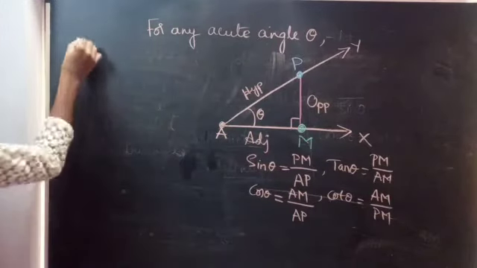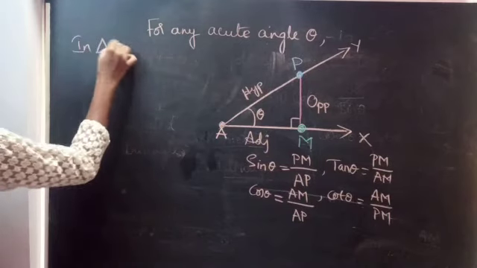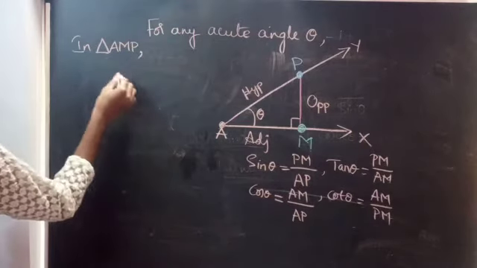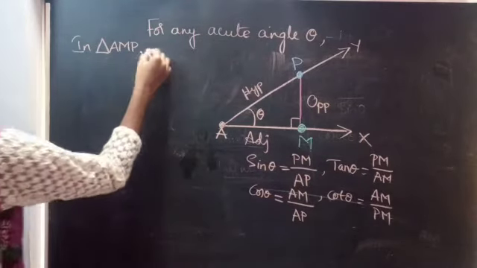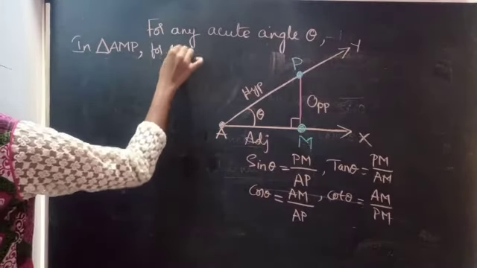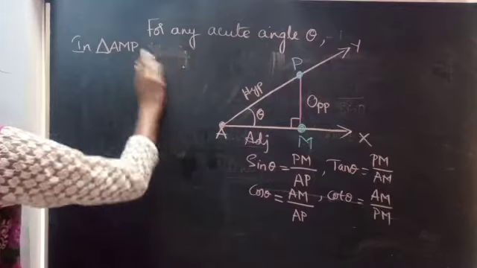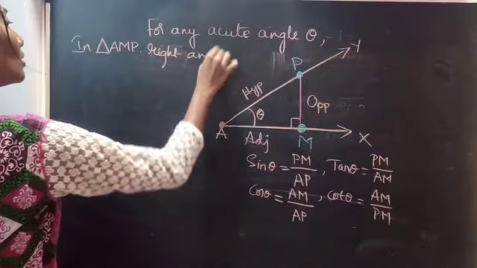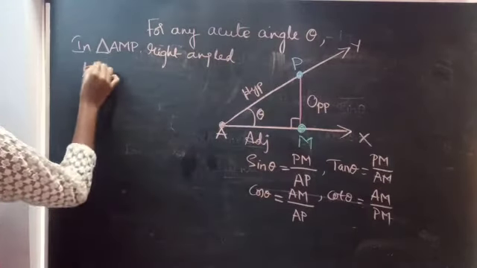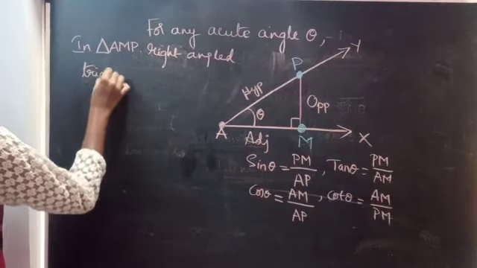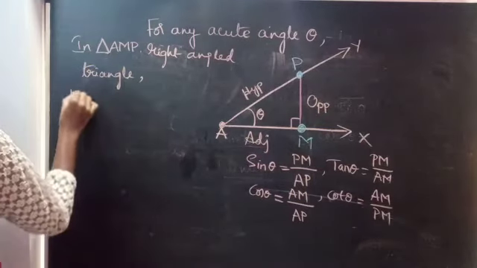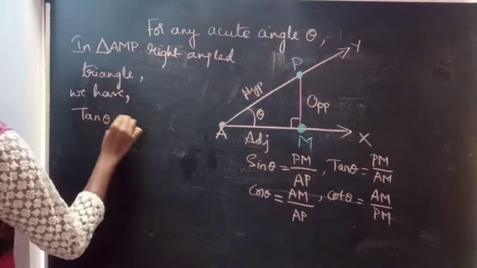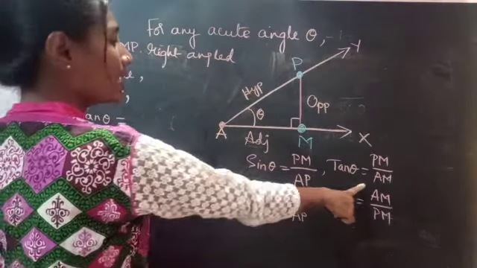In triangle AMP, that is for a right angled triangle, we have tan theta equals, what is tan theta you are having?